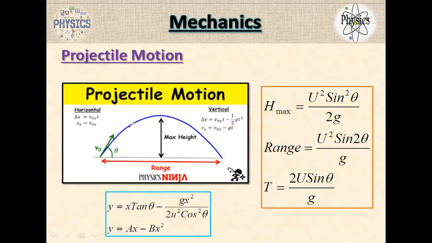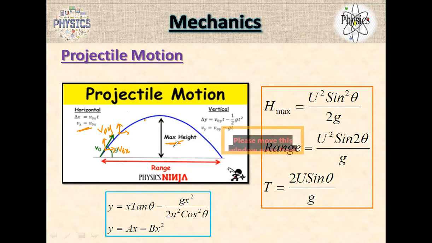At every point, it is resolved into two components, V0x and V0y. V0x we call the x component, and V0y is the y component. This is the maximum height.